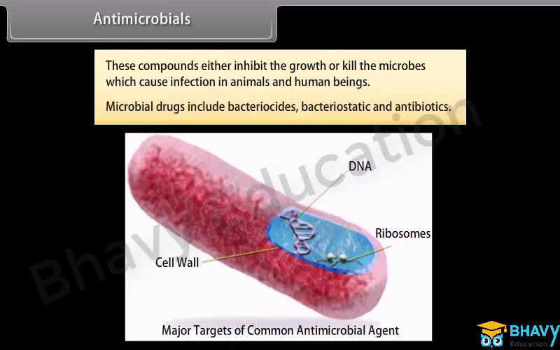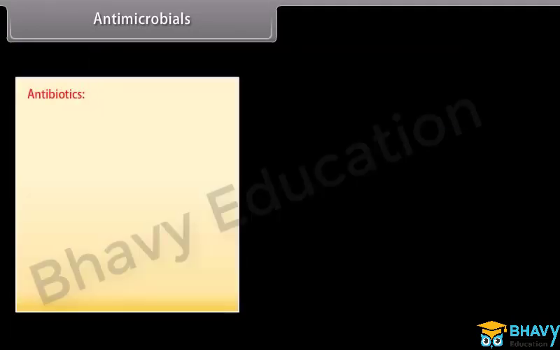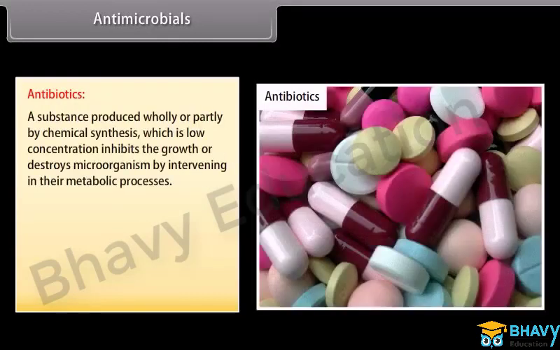Microbial drugs include bactericides, bacteriostatics, and antibiotics. Antibiotics. A substance produced wholly or partly by chemical synthesis, which in low concentration inhibits the growth of or destroys microorganisms by intervening in their metabolic processes. For example, penicillin, ampicillin, and streptomycin.